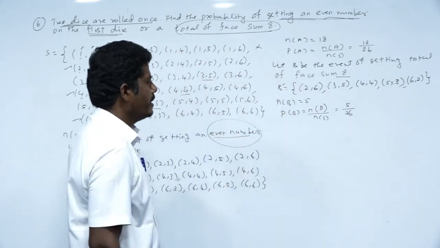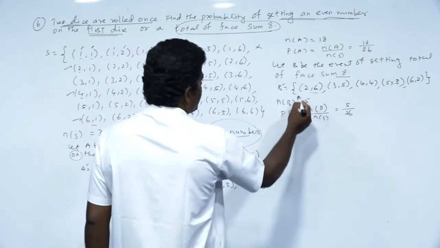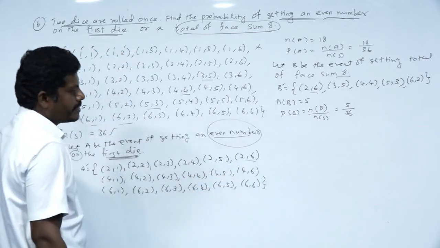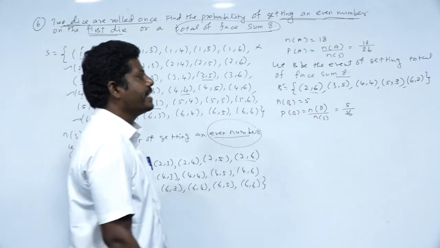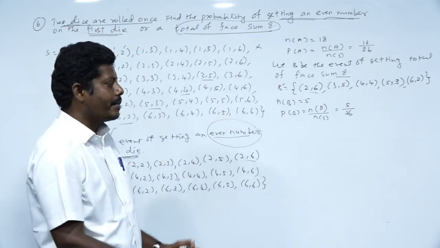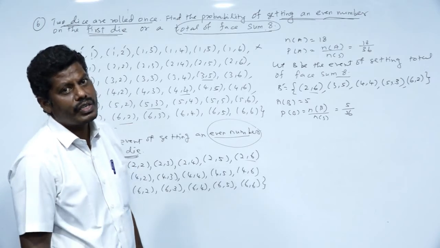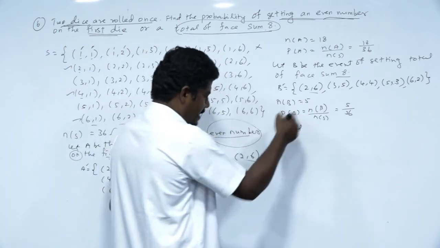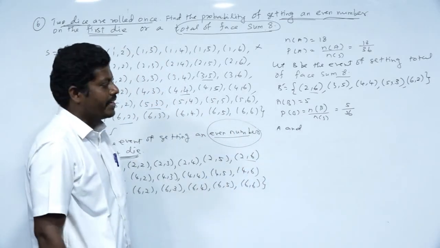Understand, my dear students? Here 2, 6 is there, and here 2, 6 is there. 2, 6 is common. Minimum one value common means both events are not mutually exclusive. Common values are there.